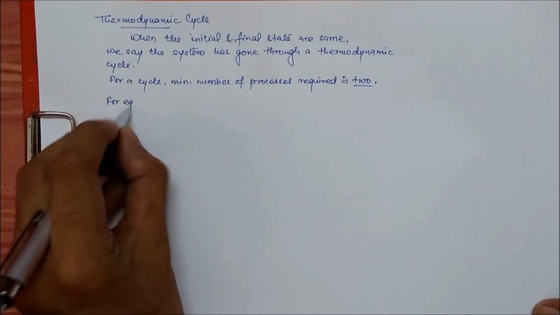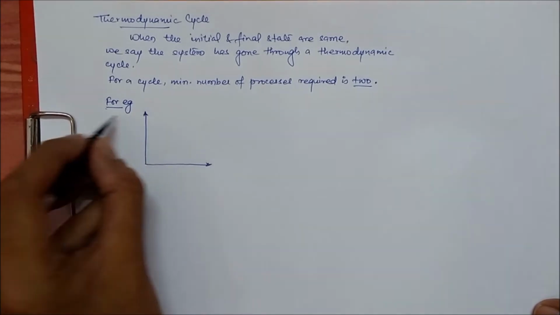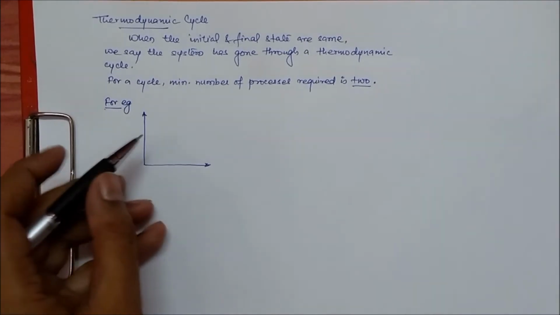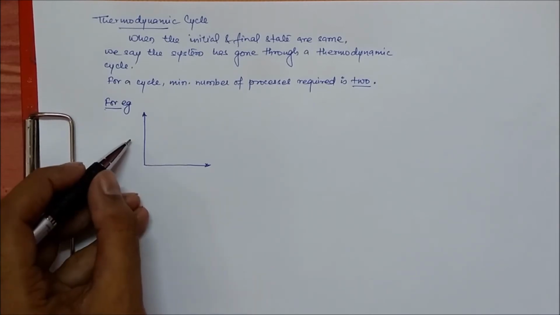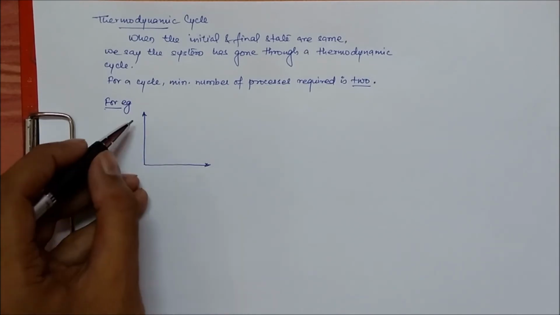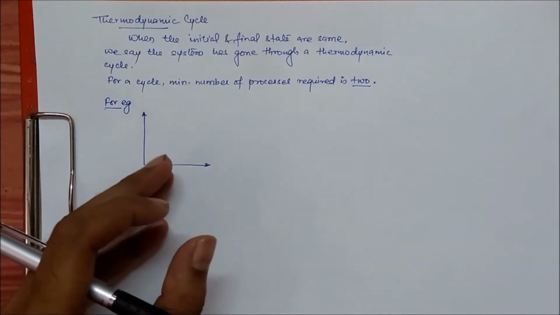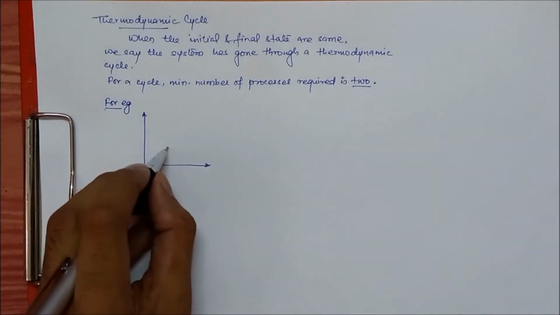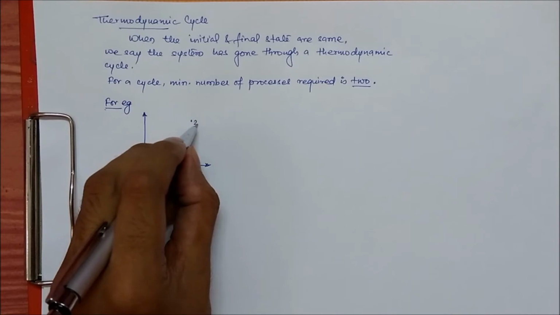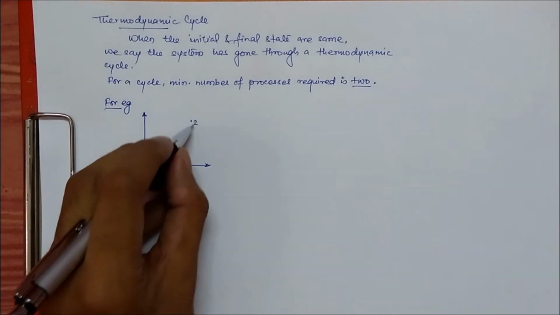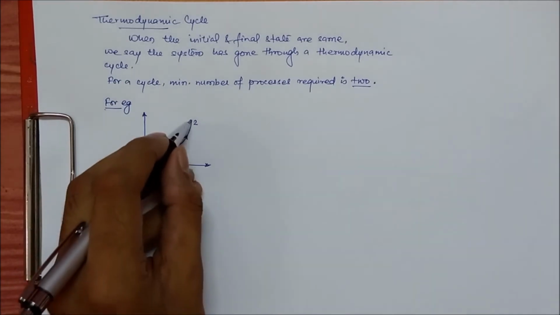For example, let it be any property space. It can be pressure, volume, it can be temperature, entropy, it can be any property space, right? Suppose it's state 1 and it is state 2. One process, let it be A, from 1 to 2.